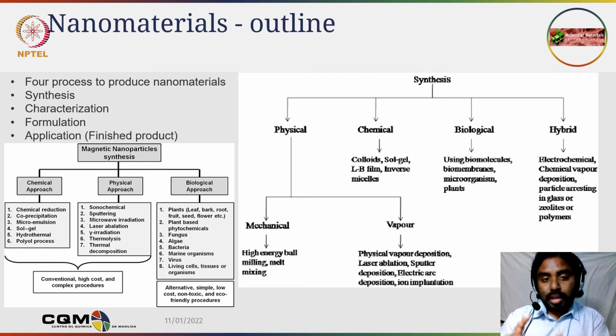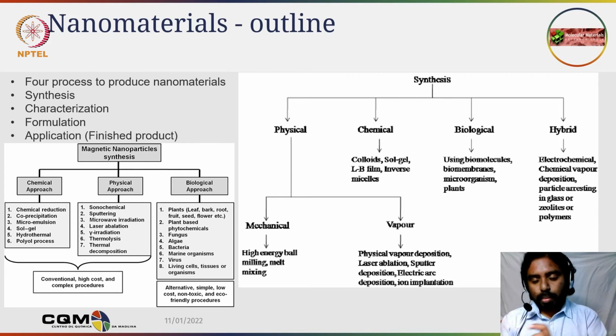So that's why we move towards biological approach. But the problem in biological approach is, even though their toxicity is lesser, the stability is not that good compared to chemical and physical methods, right? So that's why now recently we have hybrid methods. So those hybrid methods are an intermix of chemical and biochemical biological approach, right? So we'll see that in detail in the next slide, right?